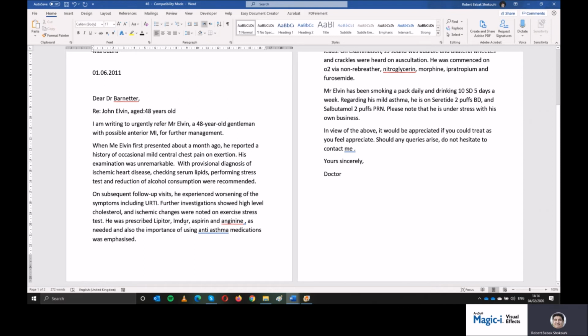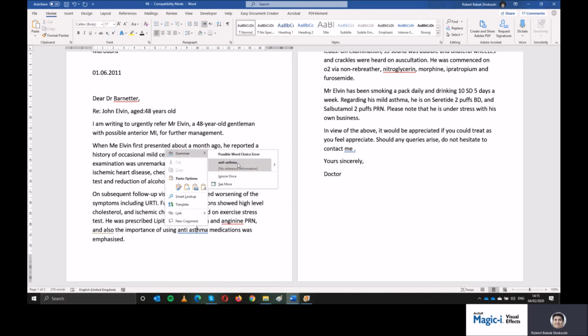He was prescribed Lipitor, Imdur, aspirin, and anginin PRN. And also the importance of using anti-asthma medications was emphasized.